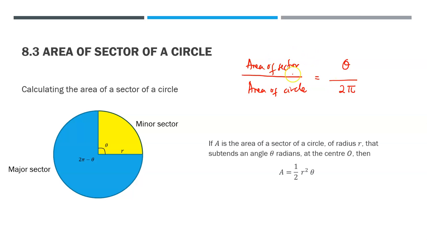Area of sector, the small one, we are considering the yellow color. Theta over 2 pi is the angle ratio. Then area of sector is the one that we want to find.